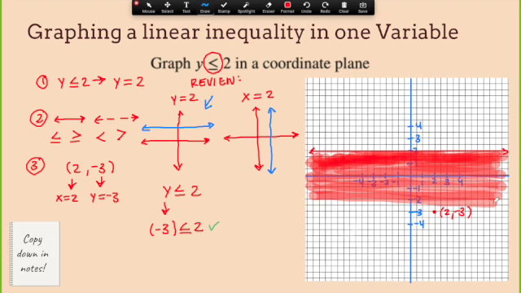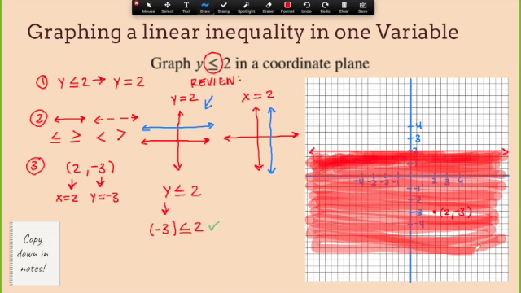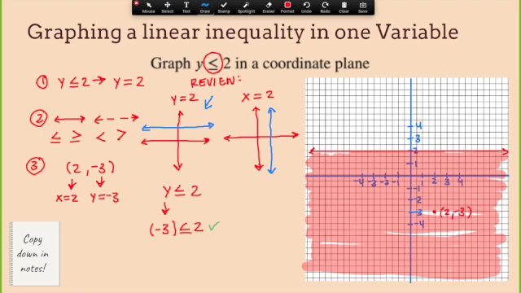So if one solution is working, then that means that everything on that side of the line is also going to be a solution. What that does mean is that this area on top, none of these ordered pairs are going to be solutions to this inequality statement.